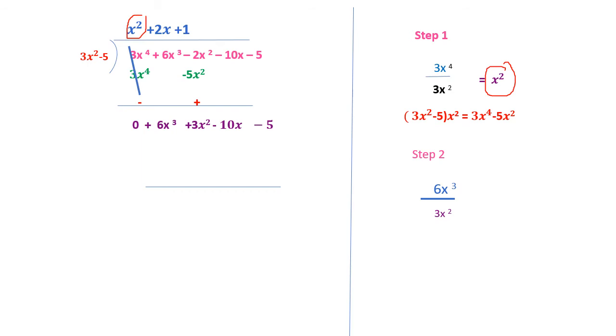Now on simplifying, what do we get? Yes, we will get 2x. And what is the next step? We are going to fill the quotient part. Don't forget to fill it. This 2x will move to the quotient over here.